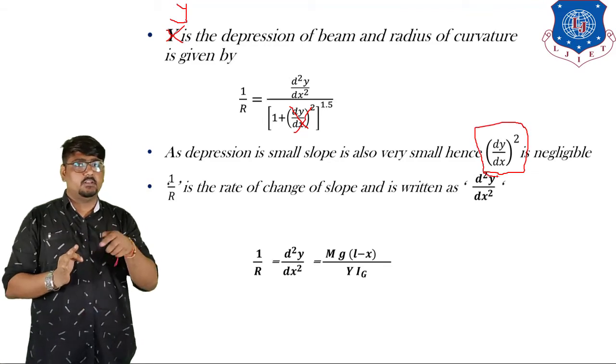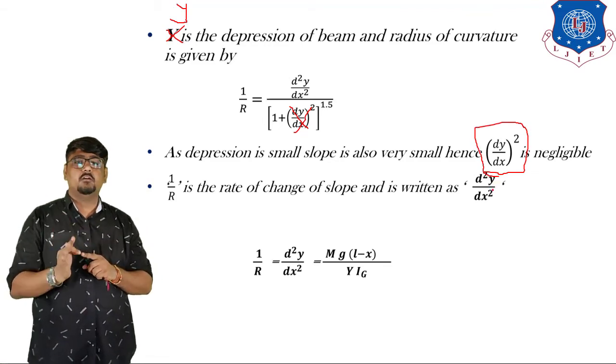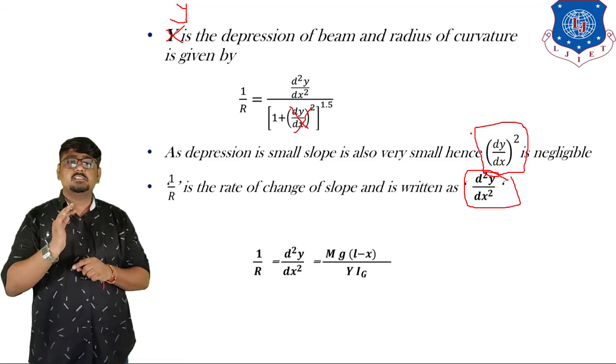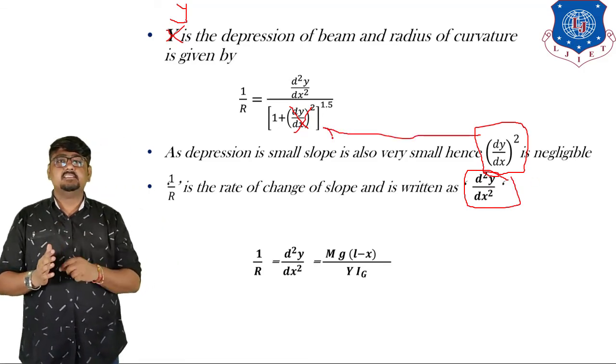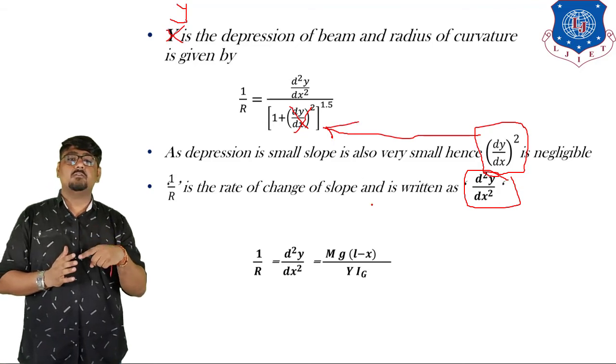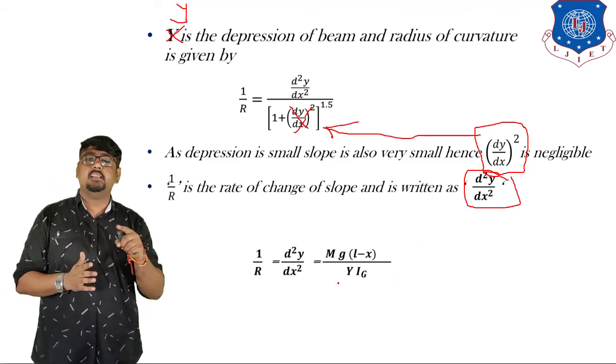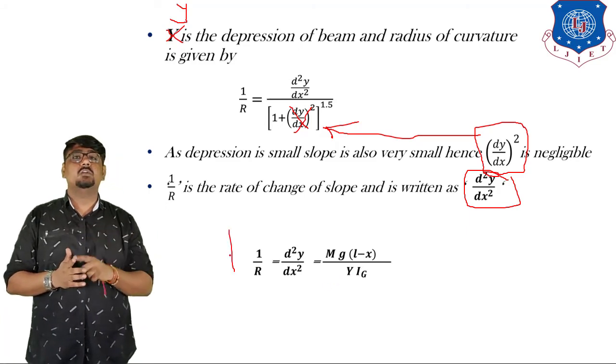1 upon R is the rate of change of slope, and it can be written as d square y by dx square. On placing that value, we get 1 upon R equals d square y by dx square equals mg into (L minus x) upon Y into Ig.